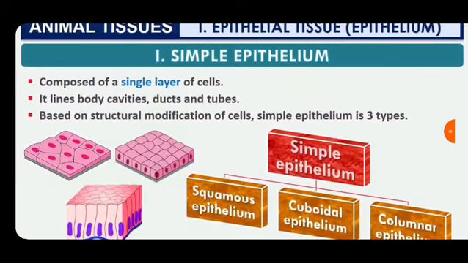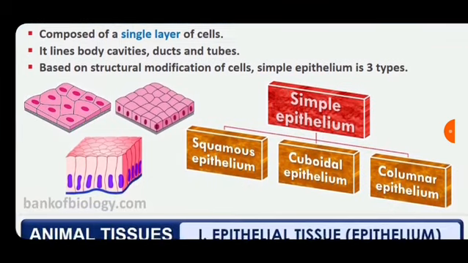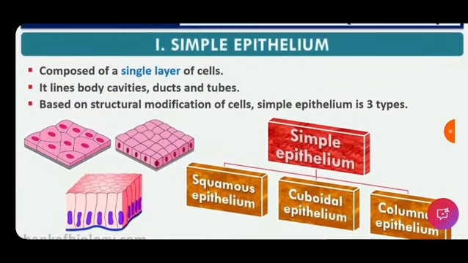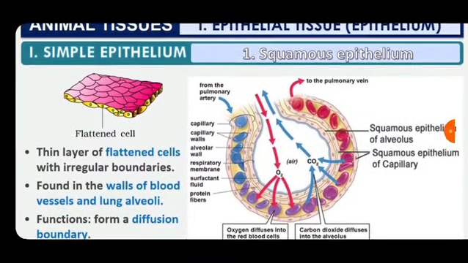The simple epithelial tissue is composed of a single layer and is present inside the body cavities, ducts, and tubes. Based on the modification or arrangement of the cells, it has squamous, cuboidal, as well as columnar epithelial tissue.